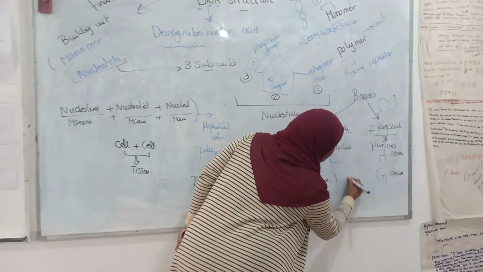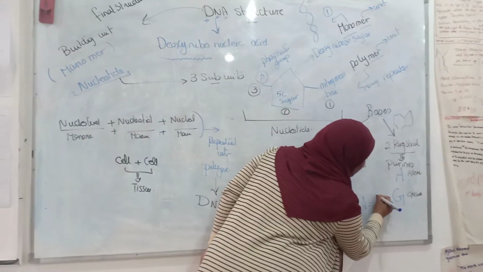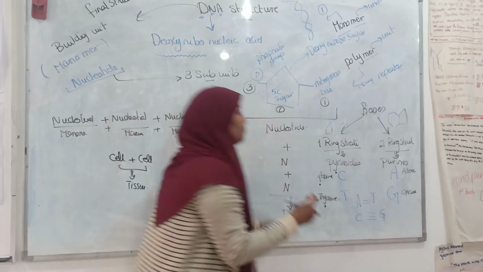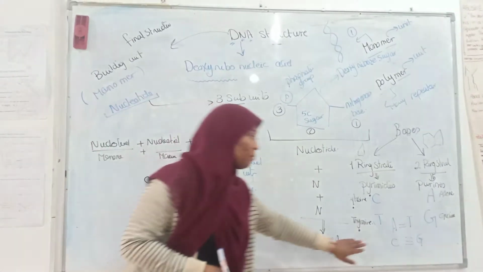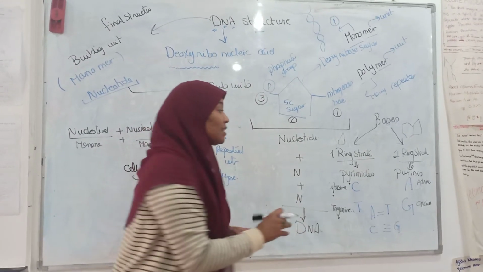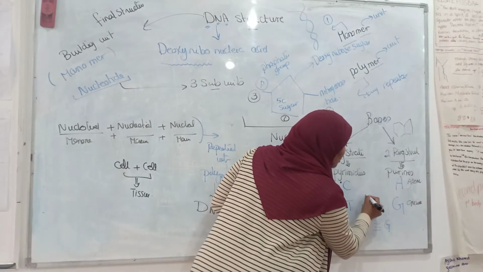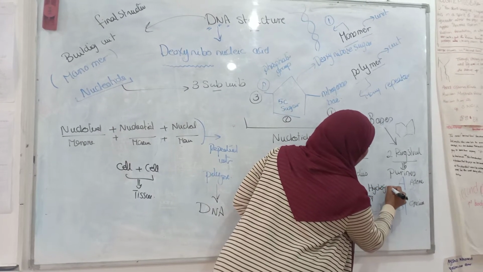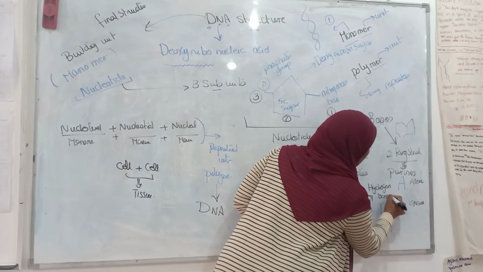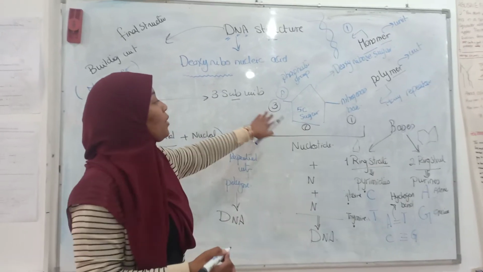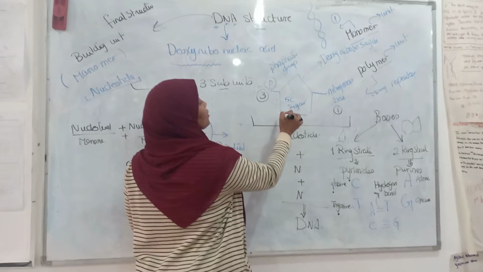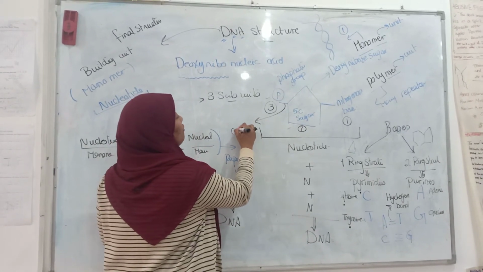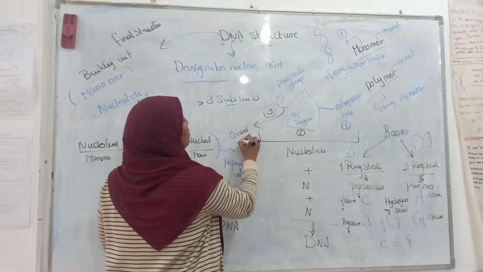So every A will be complementary to T and every C will be complementary to G. So what's this kind of bond joining the two bases together? Hydrogen bond. What about this sugar and this phosphate? What do you call this kind of bond? Covalent bond.